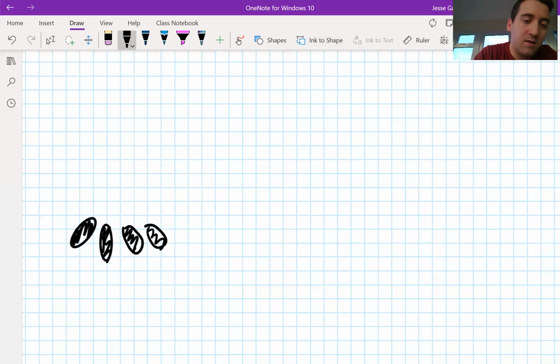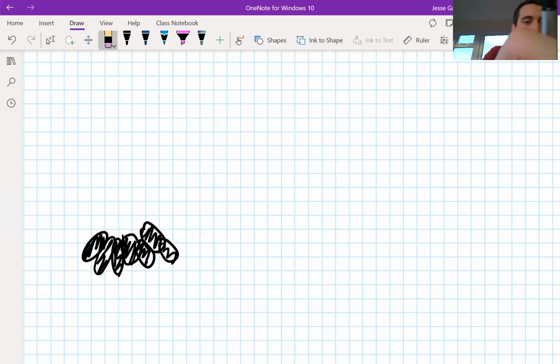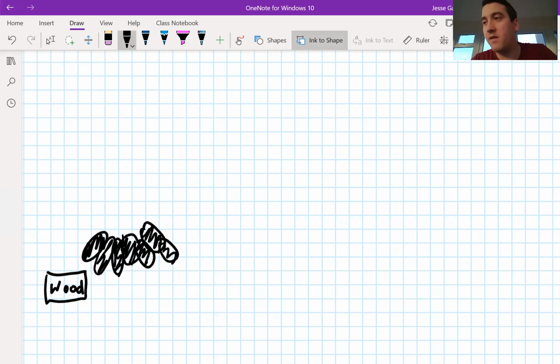We're going to build a campfire. So we have some logs. This is wood. And we want to get the wood burning.